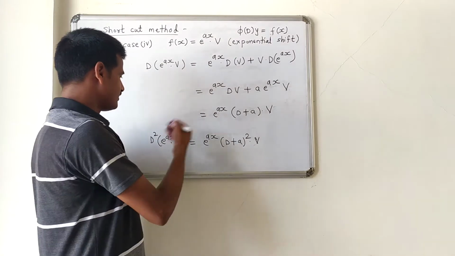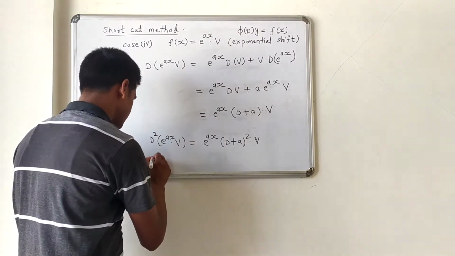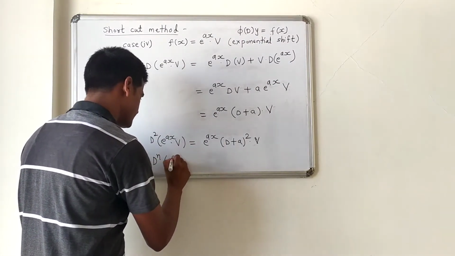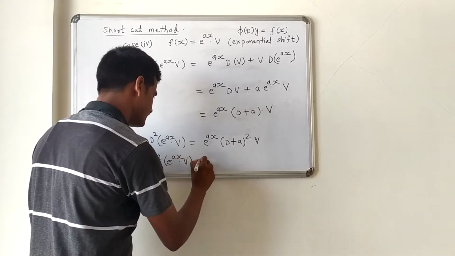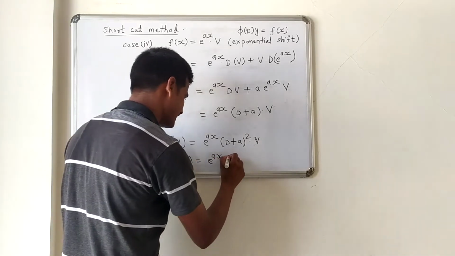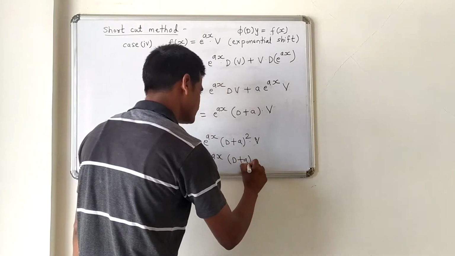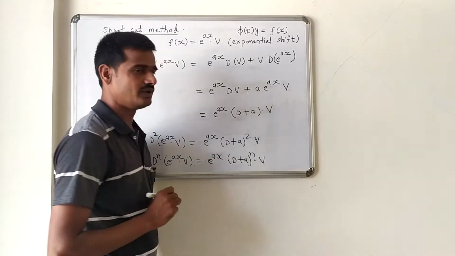If you continue in this way, the nth derivative is D raised to n of e to the power ax into v, which is equal to e to the power ax into (D plus a) raised to power n into v. Now I summarize all these things.